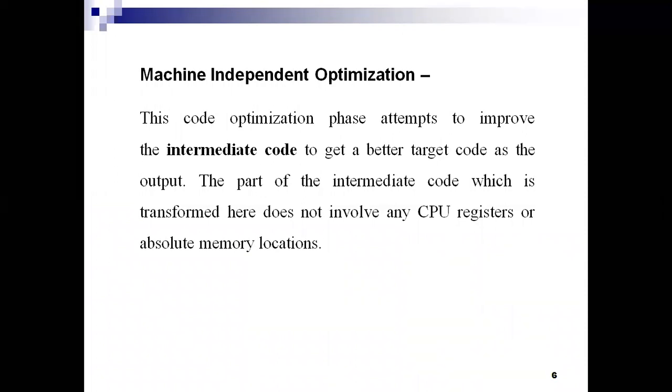If you use the alternative equivalent sequence of source code, automatically that will produce a minimum amount of target code. The next reason is that we need to use an appropriate program structure in order to improve the efficiency of the target code. And from the source program, we need to eliminate the unreachable code.